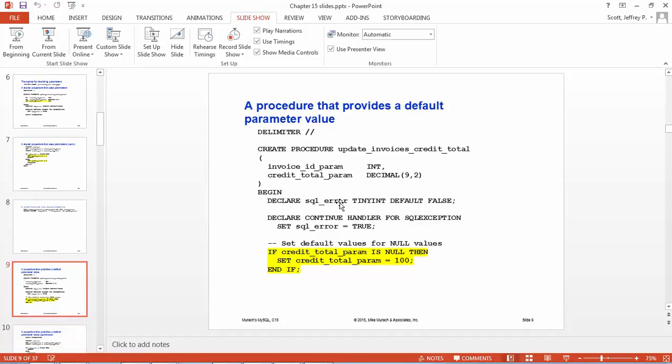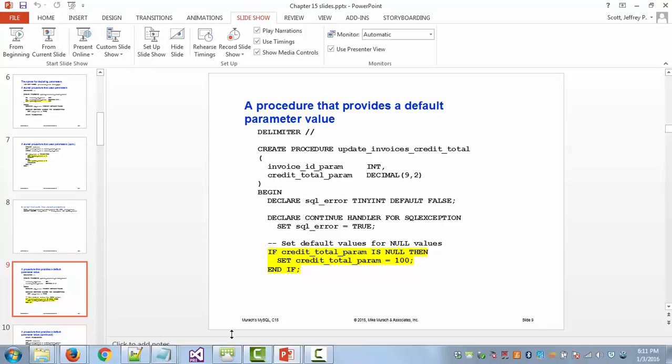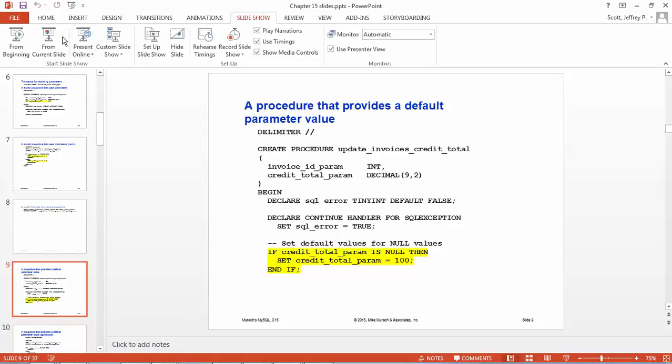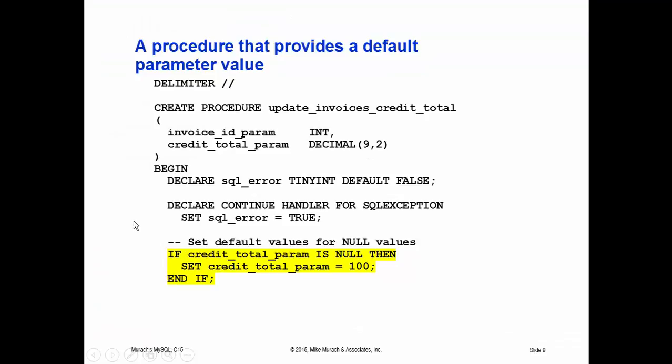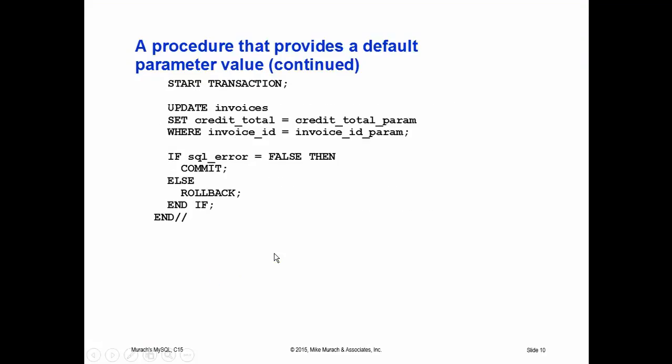Here's a procedure that provides a default parameter value. If it's null, then set it to something else. Again, what I want you to hopefully understand is this isn't all that different from the way that we set up writing code in any programming language that you've worked with.